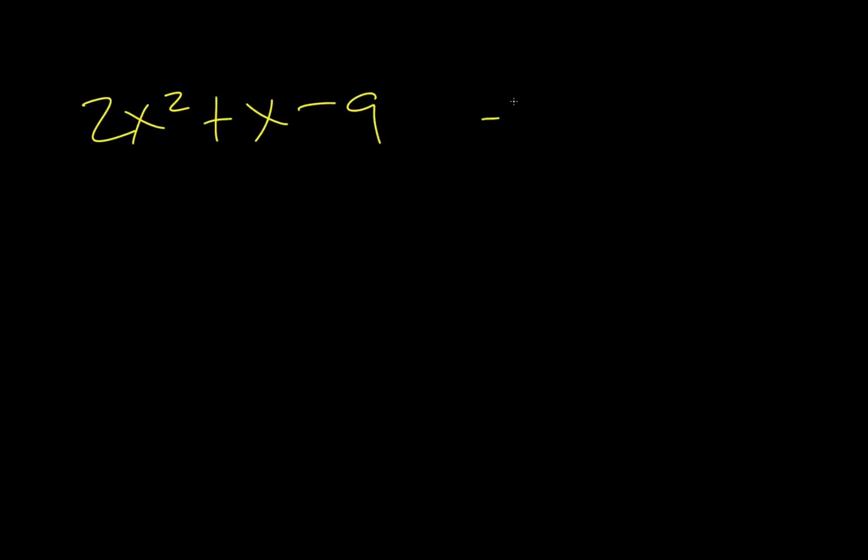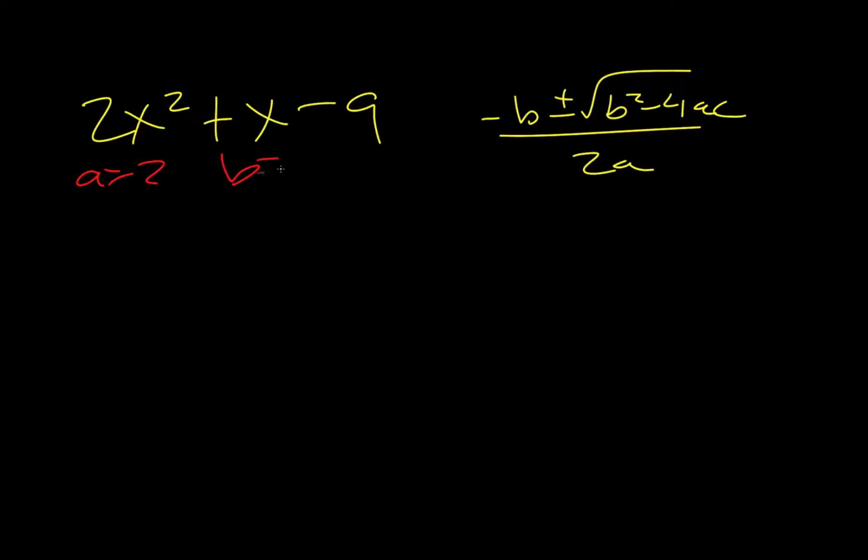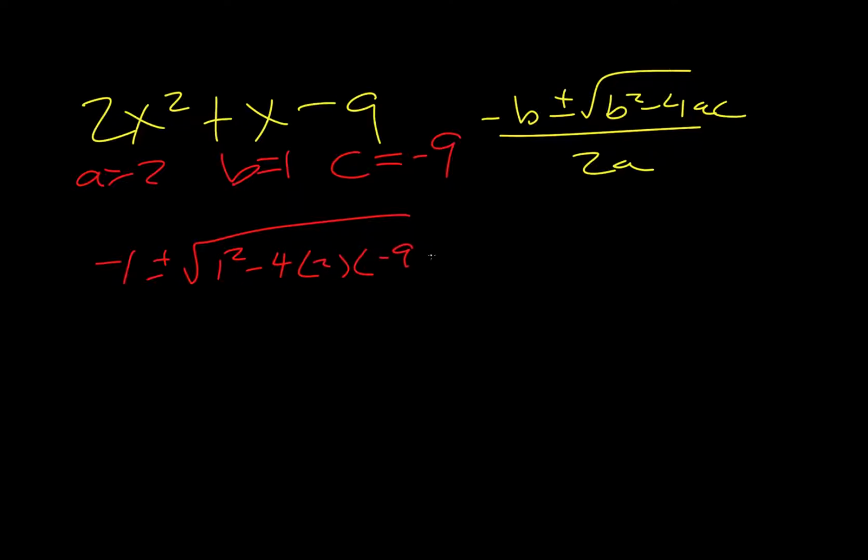So we're going to do negative b plus or minus the square root of b squared minus 4ac over 2a. Pull out our a is 2, b is 1, c is negative 9. Negative b would be negative 1 plus or minus. b squared would be 1 squared minus 4 times a, which is 2, times c, which is negative 9, all over 2 times 2.